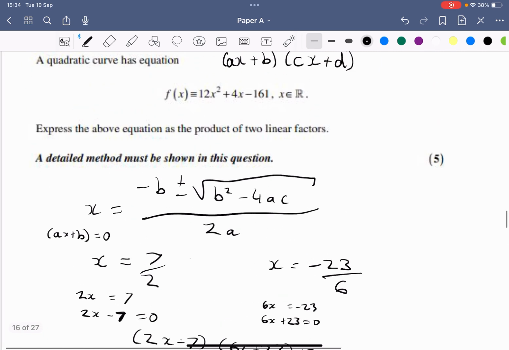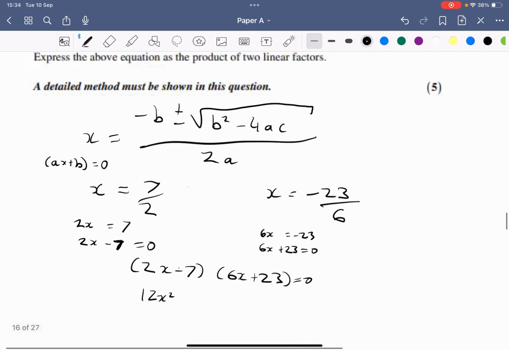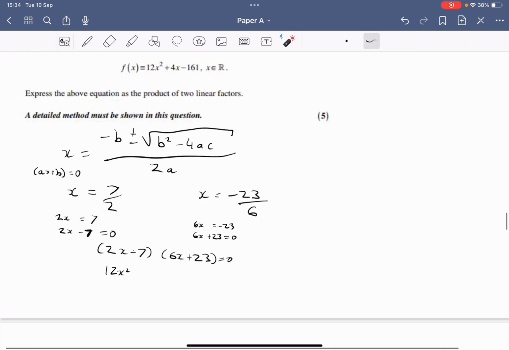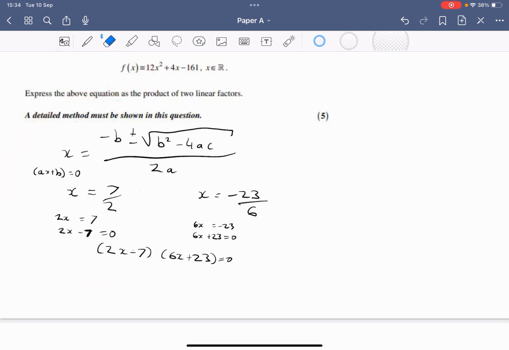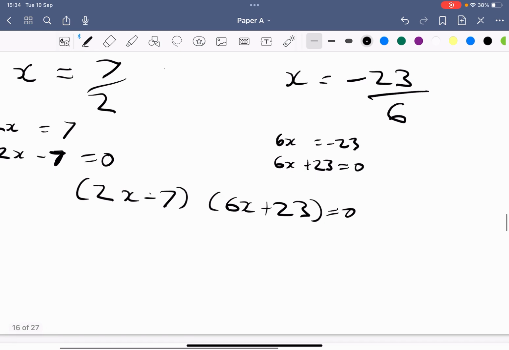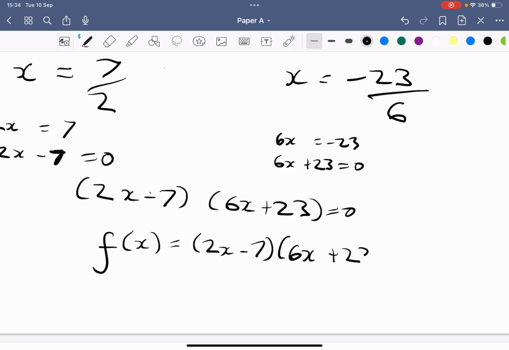So if we expand and simplify, we get 12x squared firstly, and to be honest, that's all we need to do, because 12, okay, so we know that the factor is right. Okay, we don't need to multiply any of them by 2 or anything. Okay, it's perfectly right. So I'm just going to finish off by rewriting it as f of x equals 2x minus 7, 6x plus 23.